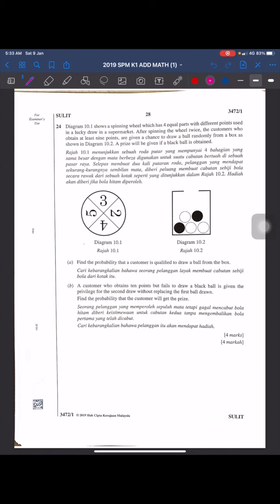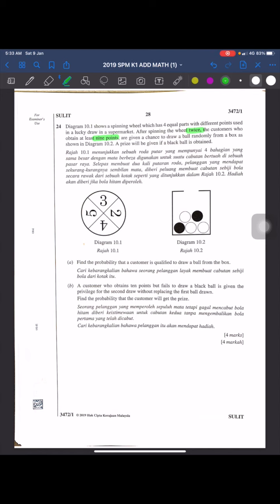After spinning the wheel twice, the customer who obtained at least 9 points is given a chance to draw a ball randomly from a box as shown in diagram 10.2. A prize will be given if a black ball is obtained. A. Find the probability that the customer is qualified to draw a ball from the box.